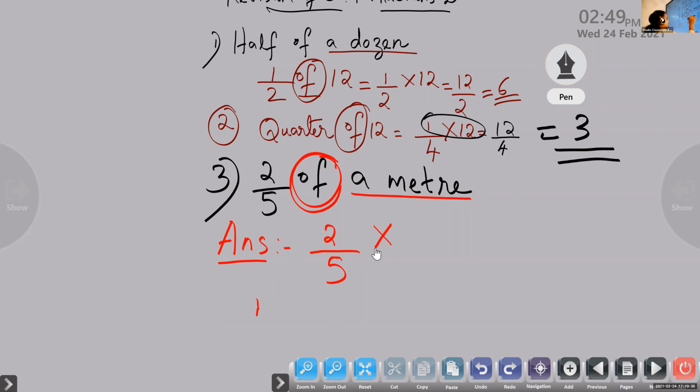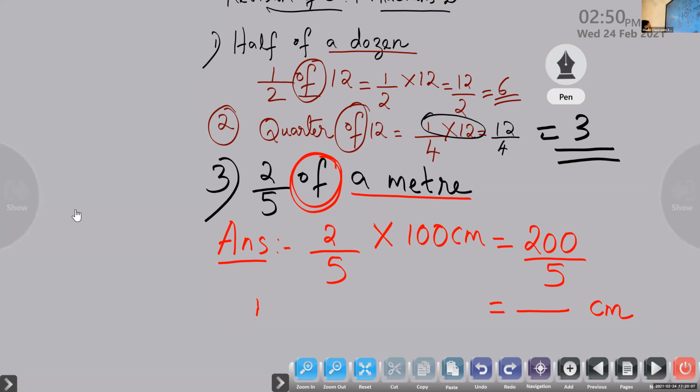A meter means 100 centimeters. Now children, you can multiply 2 into 100, 200, divided by 5. Find out the answer, and the unit is centimeter. You can do long division or the cutting method.